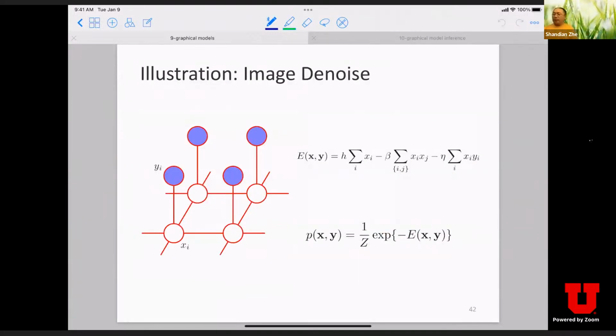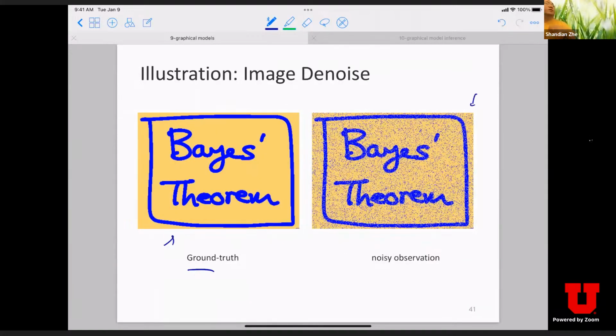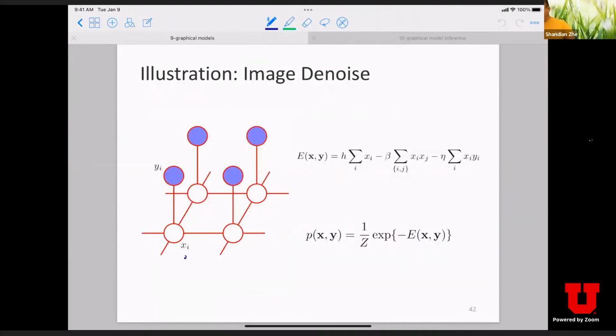So we can build up an undirected graphical model. We view each pixel value as a random variable. So xi corresponds to one particular pixel i. It could be 0 or 1. xi indicates the ground truth pixel value, and yi is the observed pixel value.